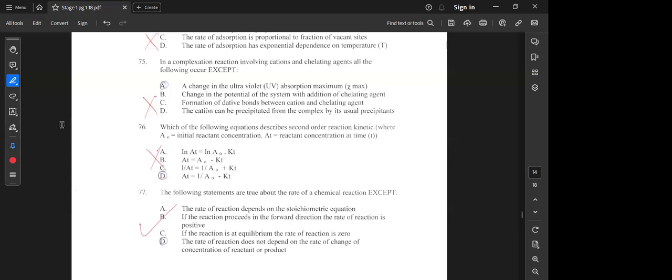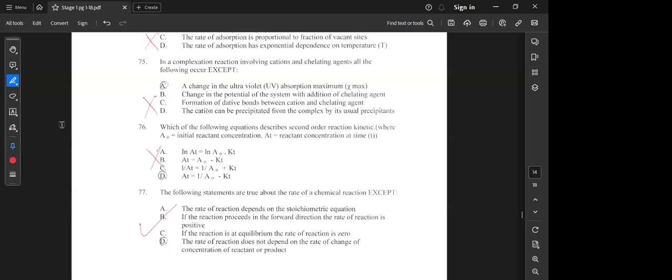But I think D is also correct: the rate of reaction does not depend on the rate of change of the concentration of reactant or product. That can't be true, because for a first order reaction, it is dependent, yeah?